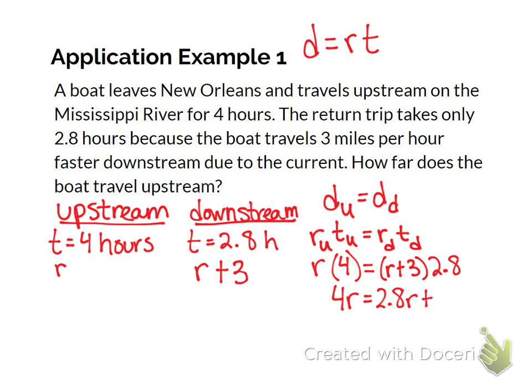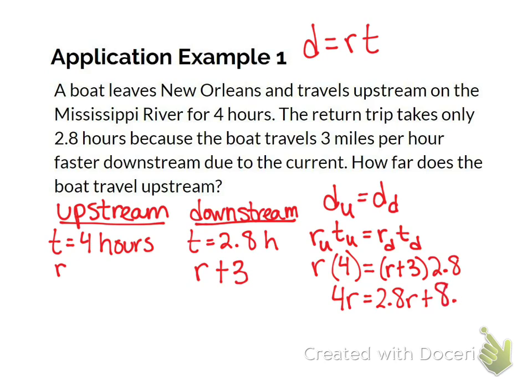2.8 times 3, anyone? You're close. 2.8 times 3. Dominic? It said 8.4.